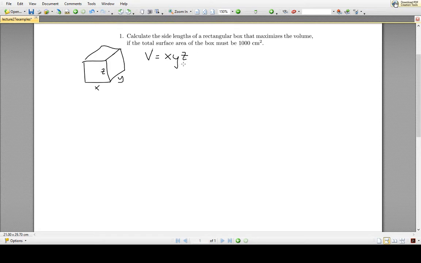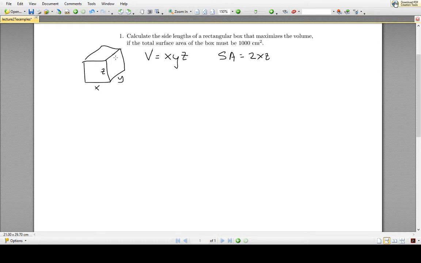So what is the surface area? This face here of the box has an area of X times Z. And of course, there is another copy of this face on the back part of the box. So the surface area from these two faces is 2XZ.